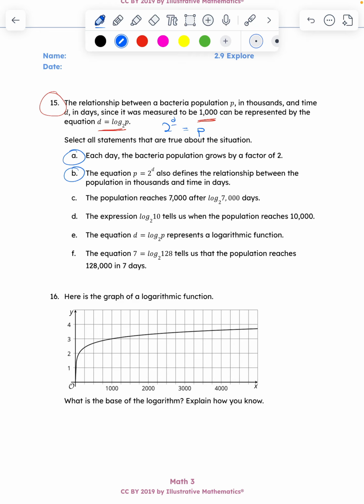Does the population reach 7,000 after log base 2 of 7,000 days? Well, let me take this expression, log base 2 of 7,000, and see if it works out for me. So that would be 2 to the x would be 7,000. I don't think that's going to quite work, and here's why. All right, our whole function is in thousands, right?